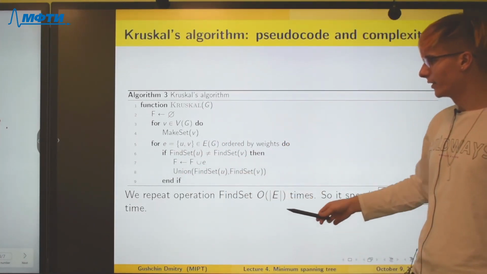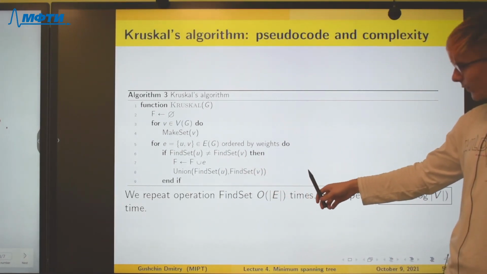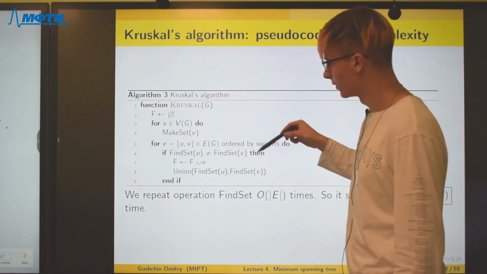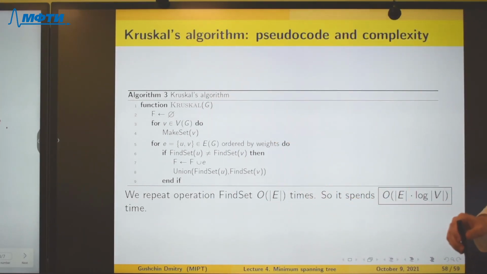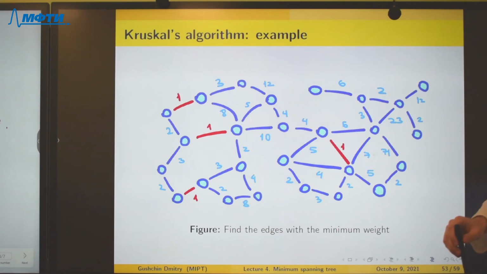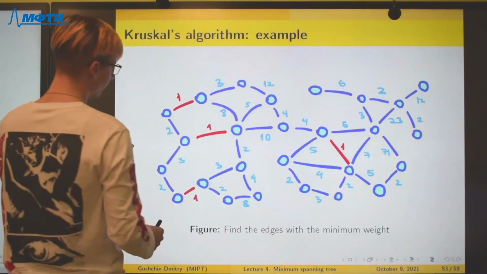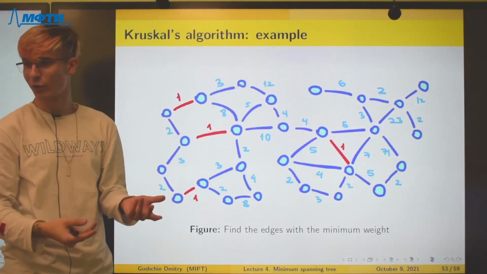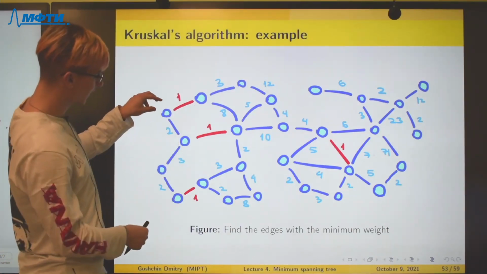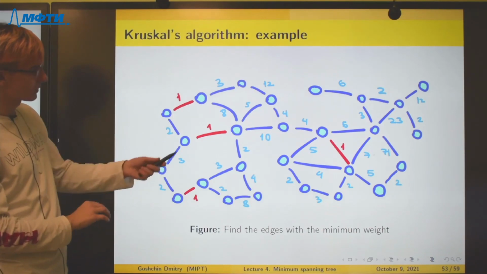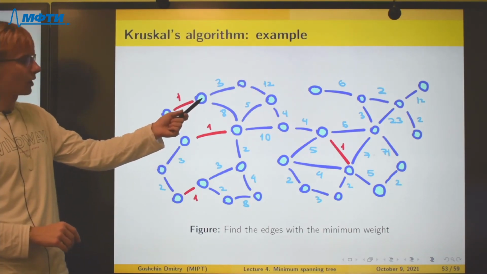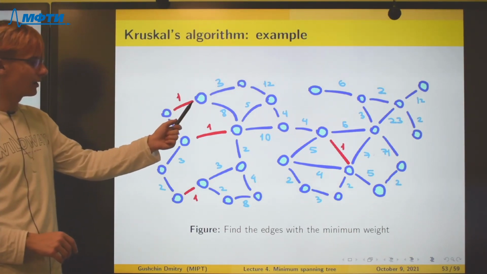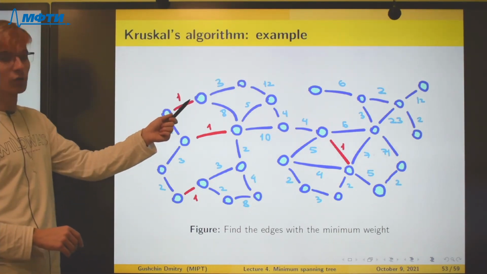Then we order all the edges by weights, and for each edge, we ask in the program, for example, vertex U and vertex V: are they in different components?